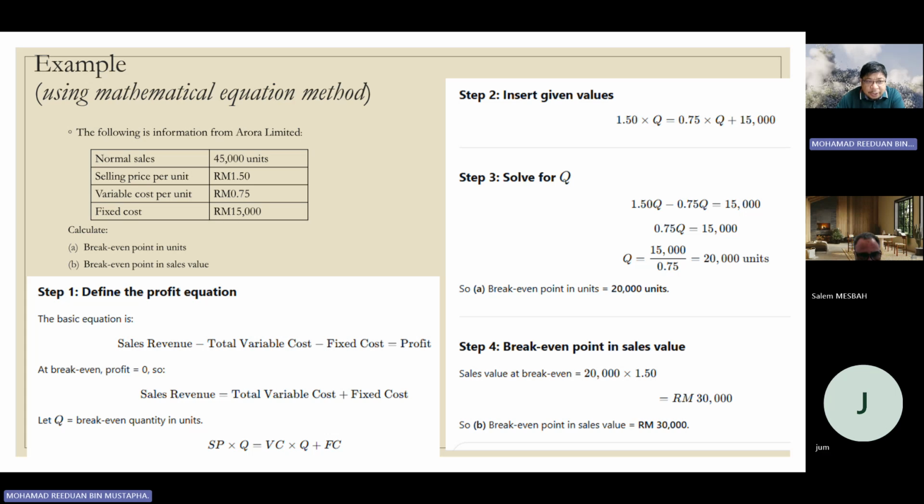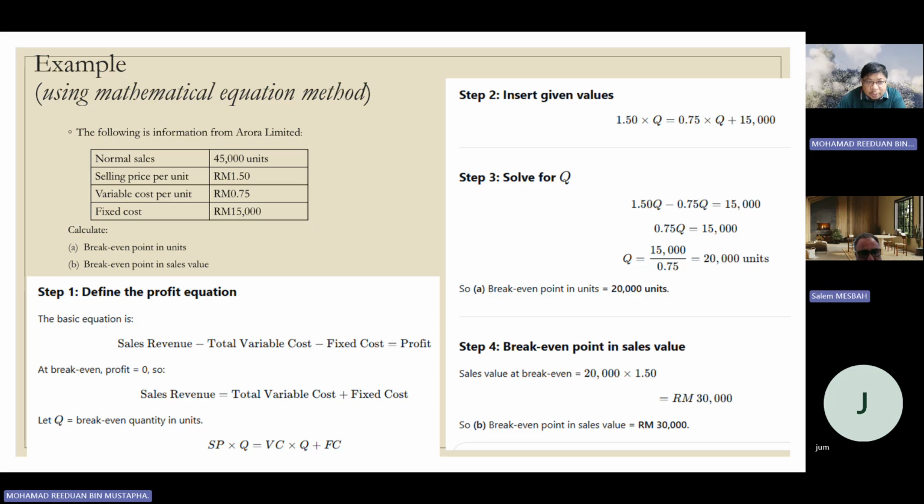The basic equation is sales revenue minus total variable cost minus fixed cost equals profit. At the break-even point, we know that the profit is zero.